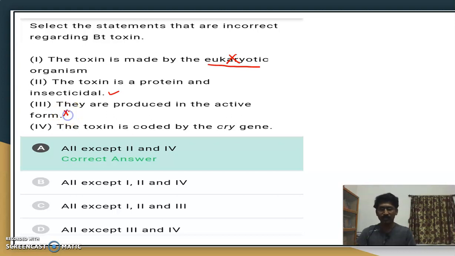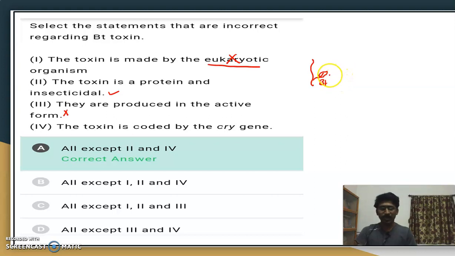Actually, the Bt toxin genes are cloned from bacteria and expressed in the plants. Suppose this plant is producing Bt toxin or Bt crystal, cloned from the bacterial gene.